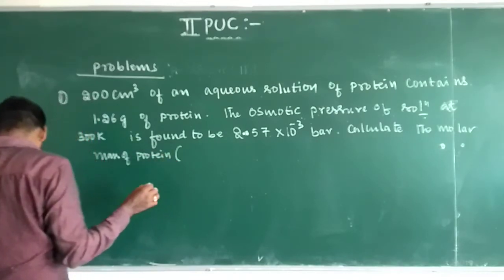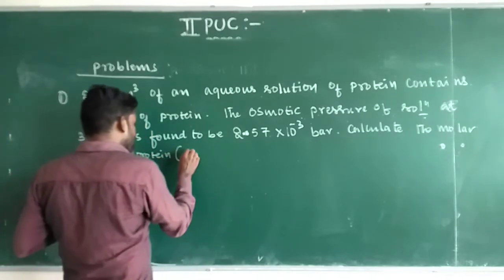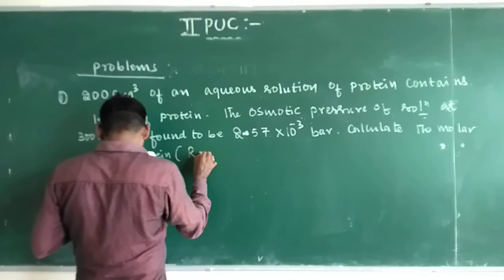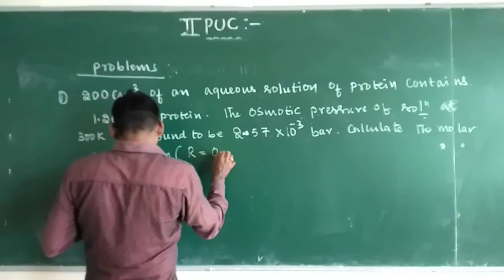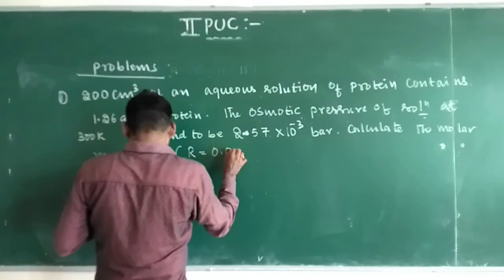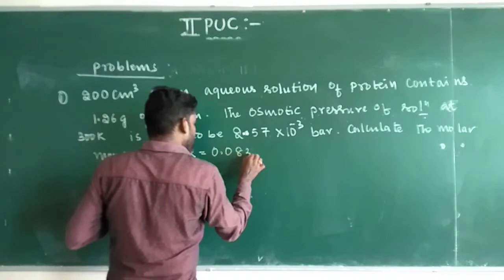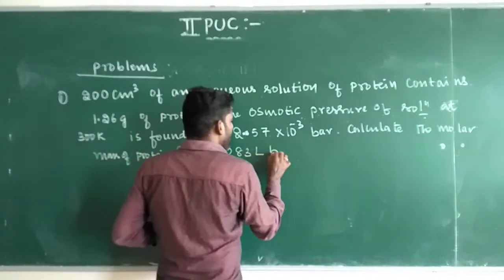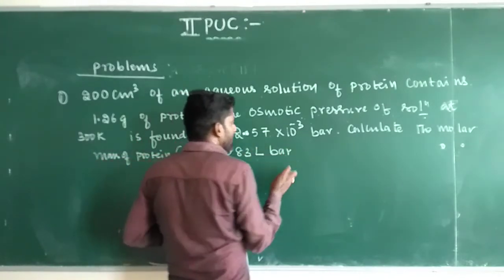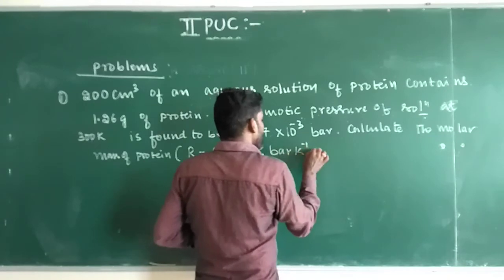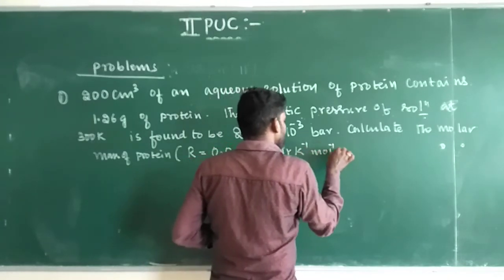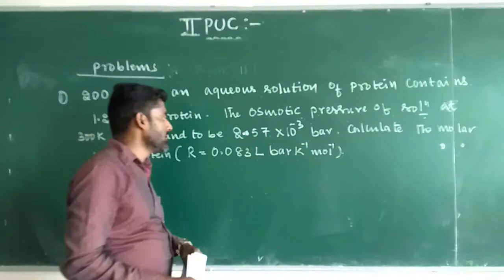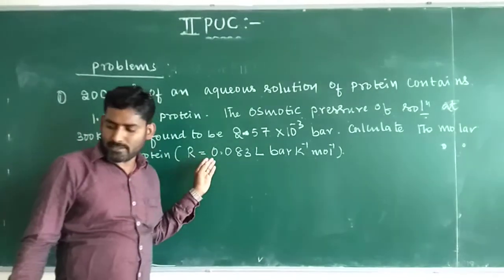So the given R value is 0.083 liter bar per Kelvin per mole. R value is given, that is the solution constant.